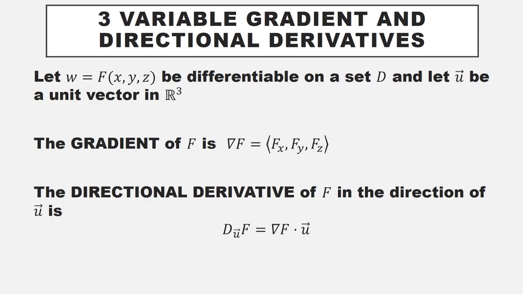And the directional derivative of f in the direction of u is going to be the gradient dot producted with the unit vector u. This is exactly the same concept that we had earlier, except now I'm throwing in a third component to my gradient, and obviously my unit vector has to be a unit vector from R3, not from R2.